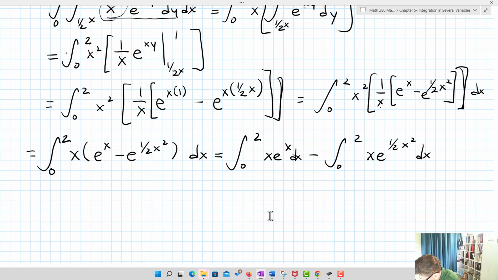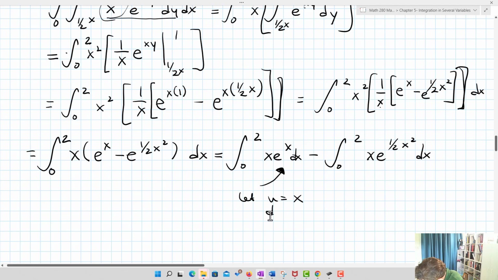So this first one, if we look at it, we're like, okay, cool. That's going to be an integration by parts. So we'll let u equal x, du then is going to equal dx, and dv will equal e to the x dx, and v will equal e to the x.